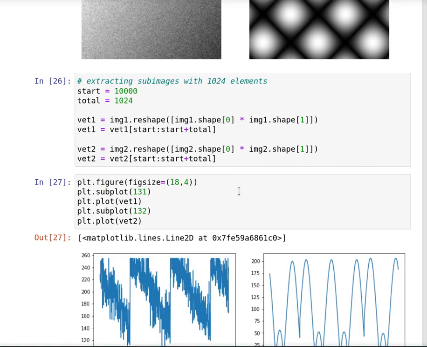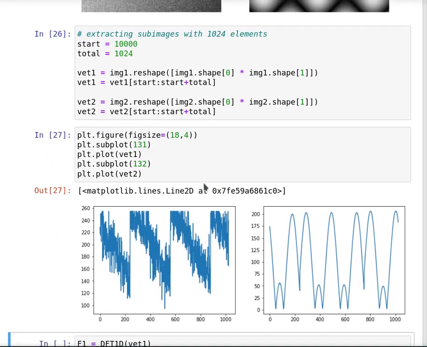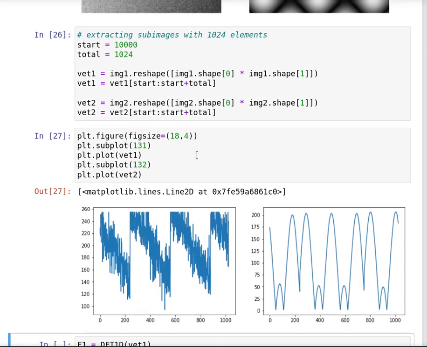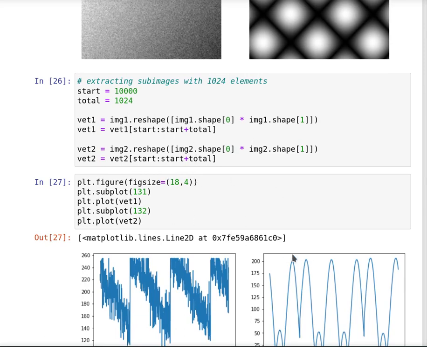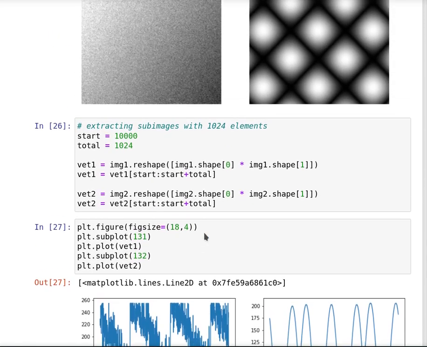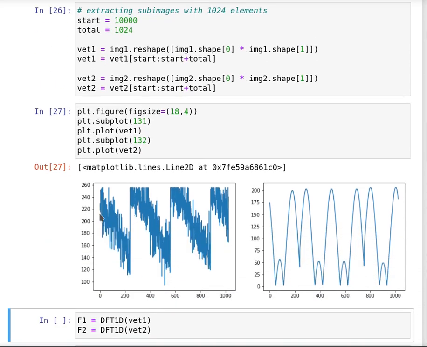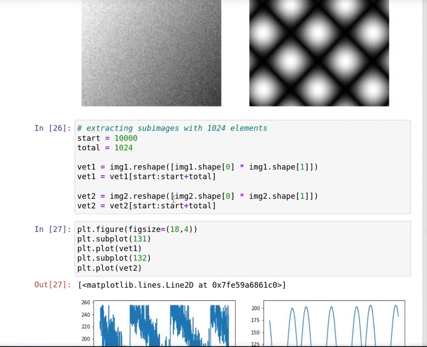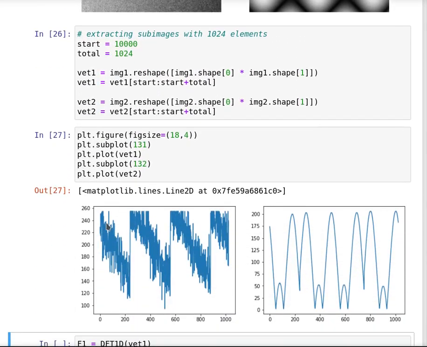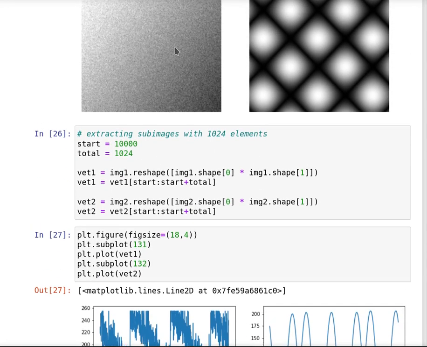Let us just see here. As you can see, I'm just taking parts of these images and looking into them by fixing one value and then varying another. This first one is probably a few concatenated lines of this first image.